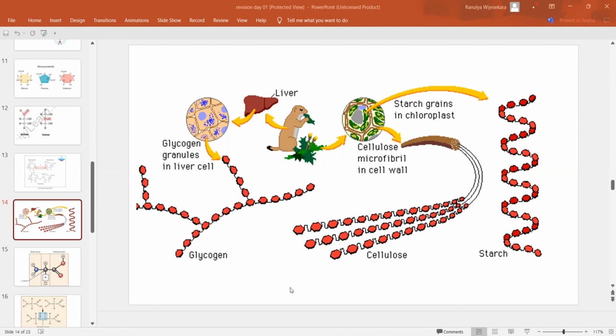Okay. Next one. Polysaccharides are macromolecules. Then next point, biopolymers. Next point, made up of a few hundred to a few thousand monosaccharide subunits.